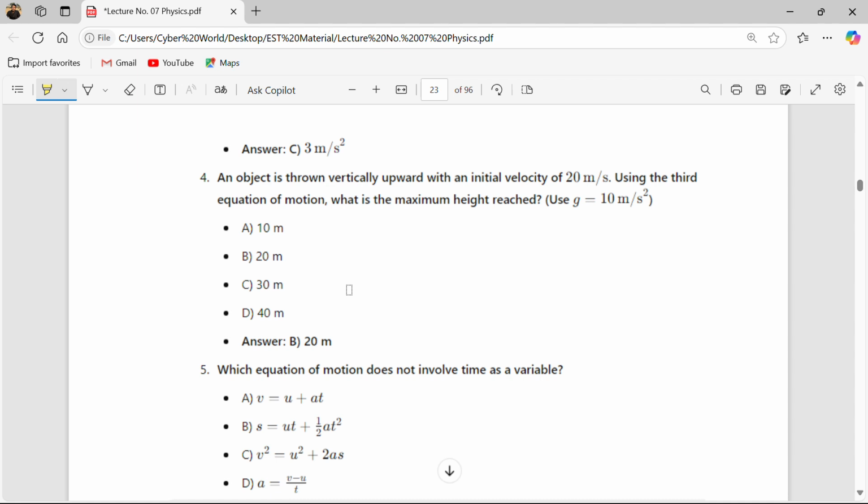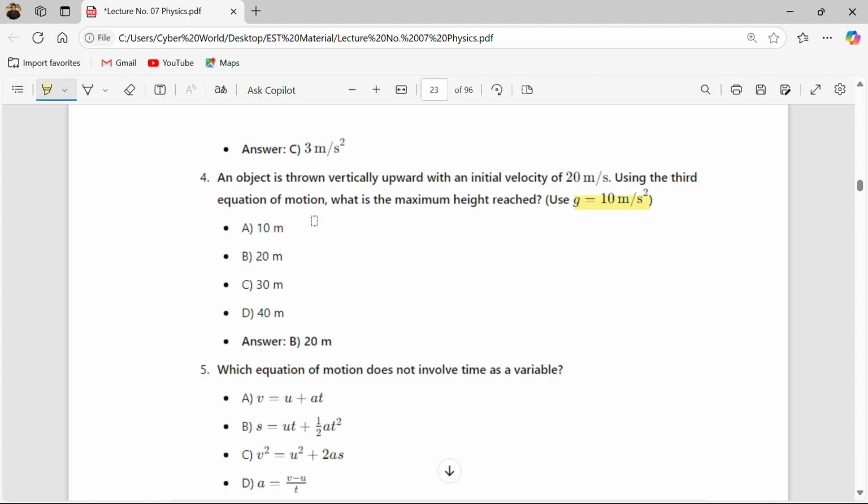You have to find the distance, and the acceleration value is g equals 10. Because it goes vertically upward to reach the maximum height, the final velocity must be 0.